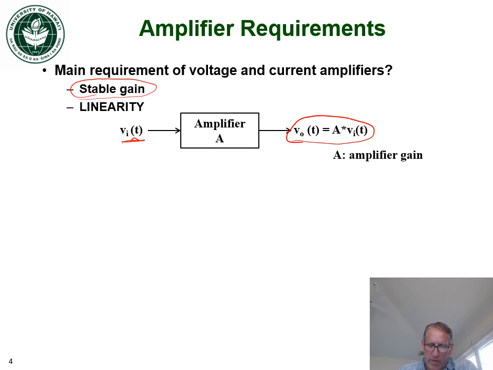Where A is the amplifier gain, if we have a perfectly linear amplifier, we see just a scaled version of the input at the output. However, if we have some nonlinearity, then for an audio signal, for example, we're going to get distortion. We might have harmonics, and this is going to result in distortion, and the audio signal output would not sound the same as you expected.